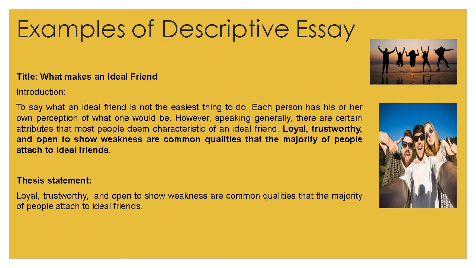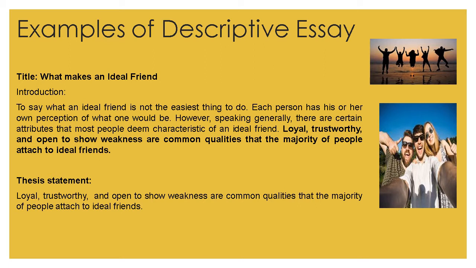Here are some examples of thesis statement in descriptive essay. The first example, the title is What Makes an Ideal Friend? You can read the introduction by yourself, and the thesis statement is: loyal, trustworthy, and open to show weakness are common qualities that the majority of people attach to ideal friends.